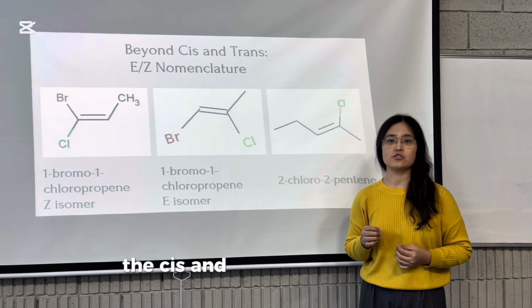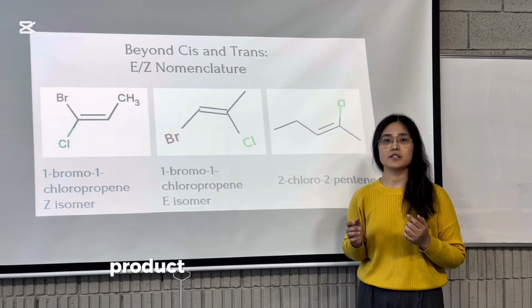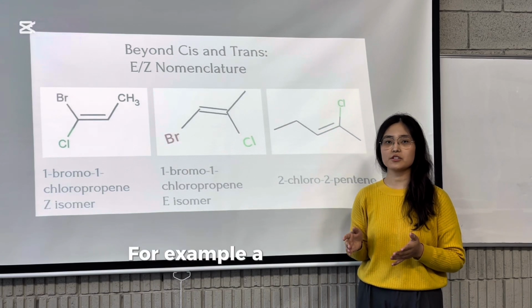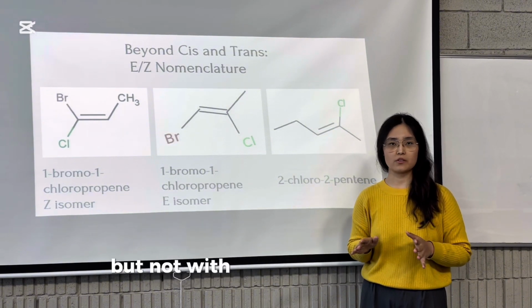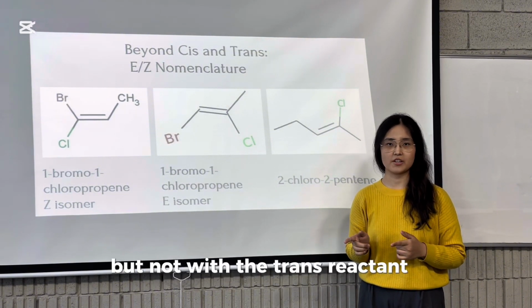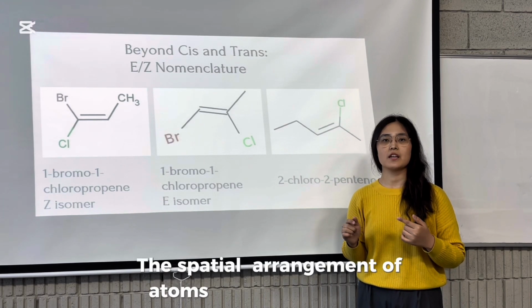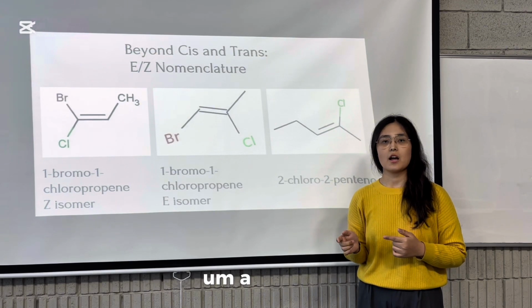The cis and trans configuration can affect reaction rate, product distribution, and reaction feasibility. For example, a reaction might proceed favorably with a cis reactant but not with the trans reactant, or vice versa. The spatial arrangement of atoms can influence how molecules interact during a reaction.